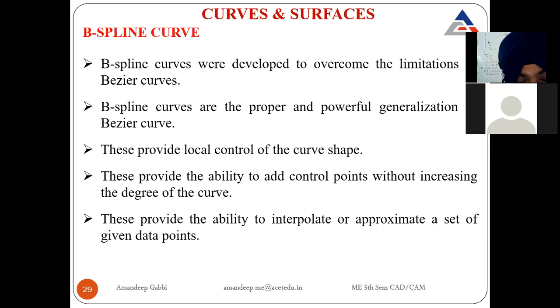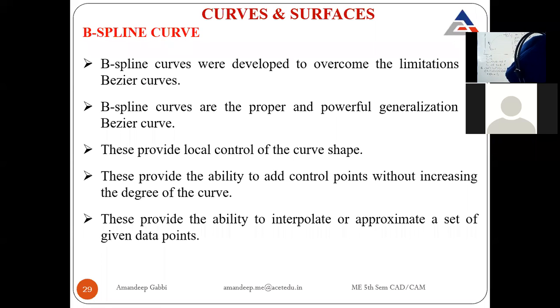B-spline curves are a powerful generalization of the Bezier curve, though they are also called Bezier curves. It is a powerful generalization with little computation. They provide local control of the curve. They provide the ability to add control points without increasing the degree of the curve.